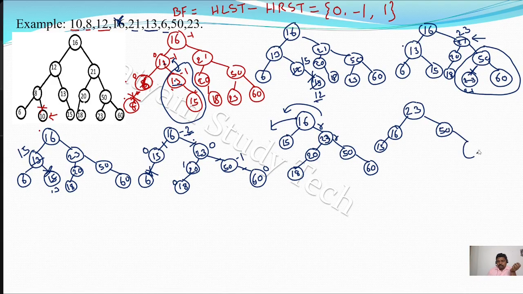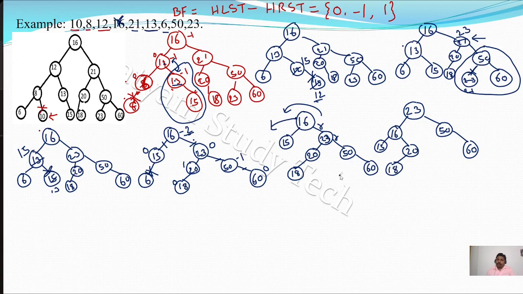Here it is 60 now. Okay, then what are the elements in left of 23? When compared with 22, 23 is small, so 23 left side. Then again have to compare 20 with 16. So 20 is greater, so we can add here 20 along with child 18.